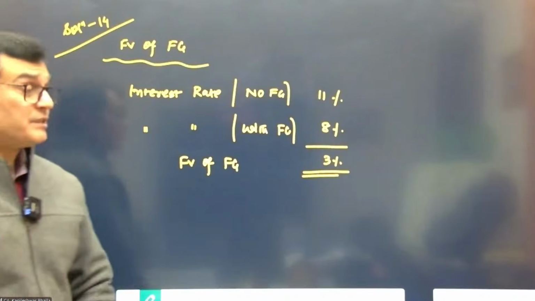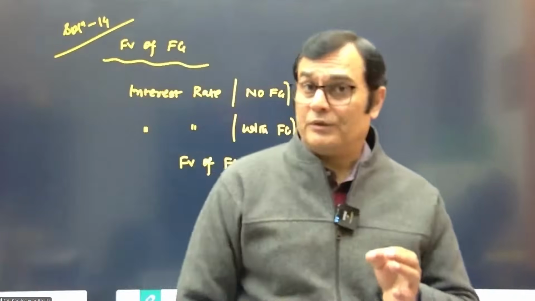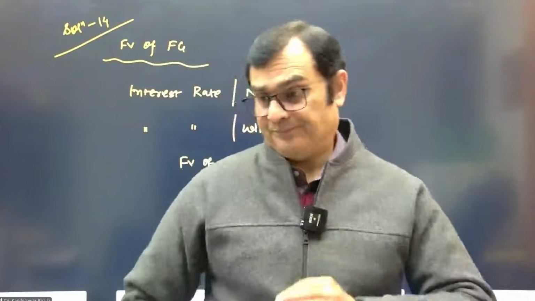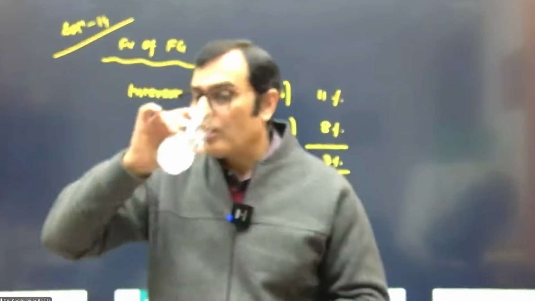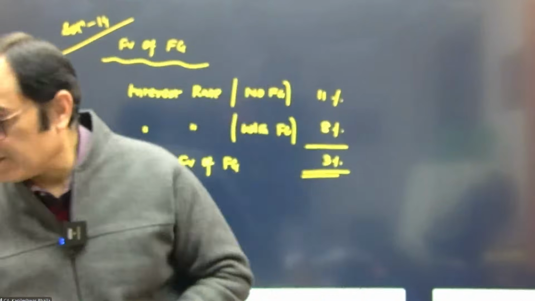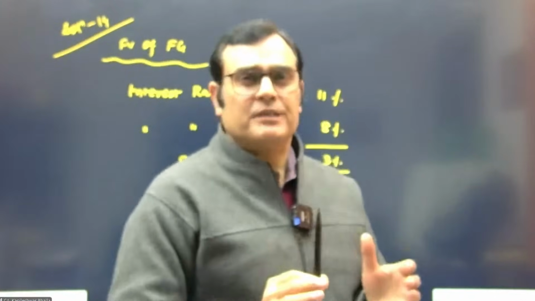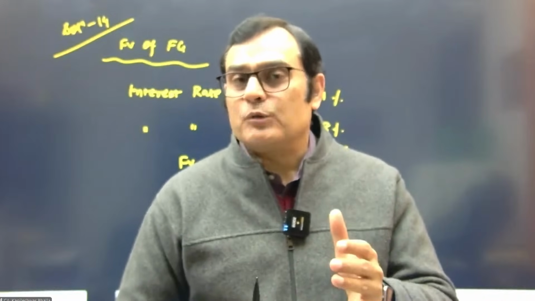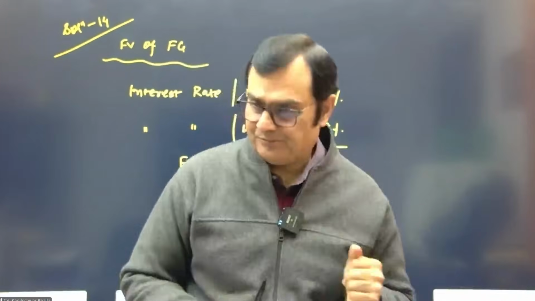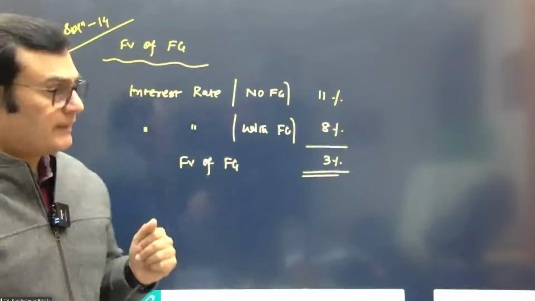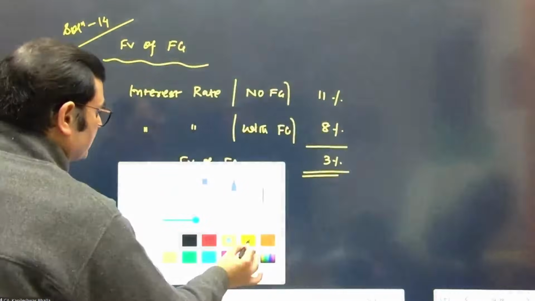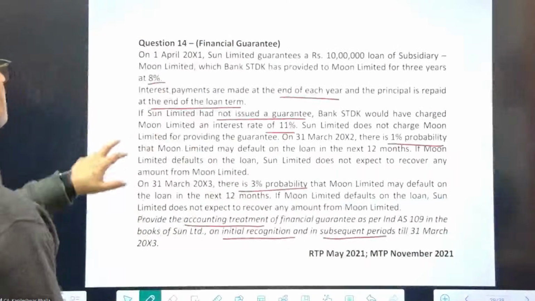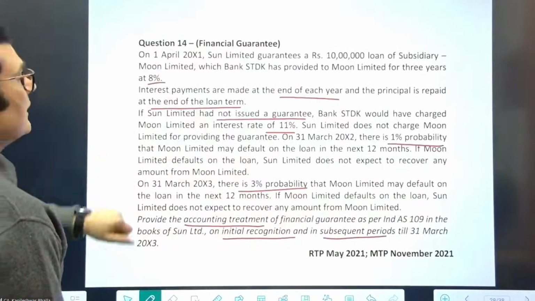So we can express this 3% in absolute digit and then take a present value of this at what rate? 11%. Correct. So we're going to consider 11% as the discounting rate. What is the amount of the loan? The amount of the loan given to us is 10 lakhs.